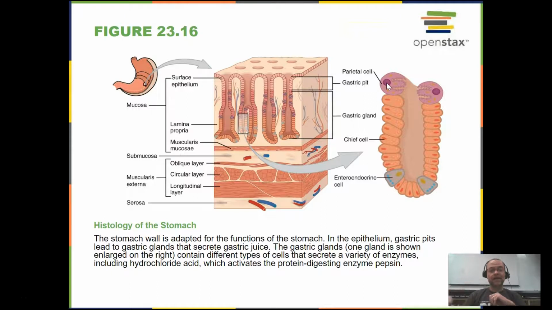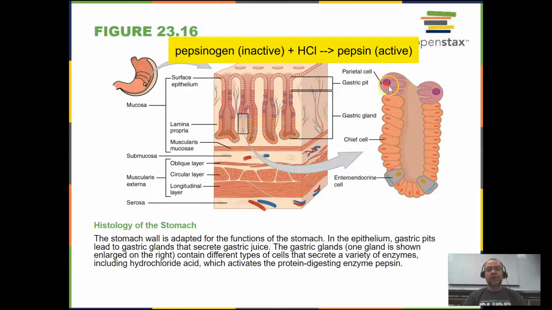It gets activated by hydrochloric acid, which is secreted by the parietal cells. So pepsinogen gets secreted. When you secrete something, you release something within the body. So the chief cells secrete pepsinogen, which then combines with the hydrochloric acid that is secreted by the parietal cells.